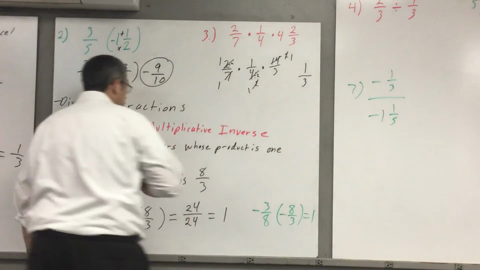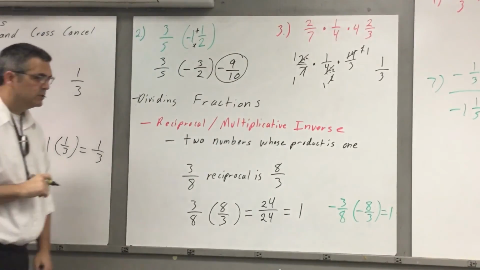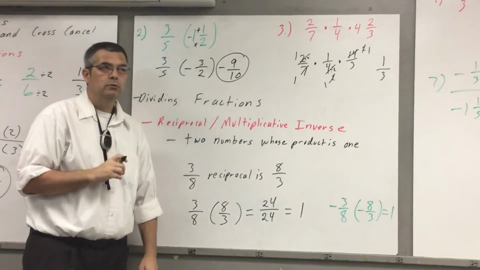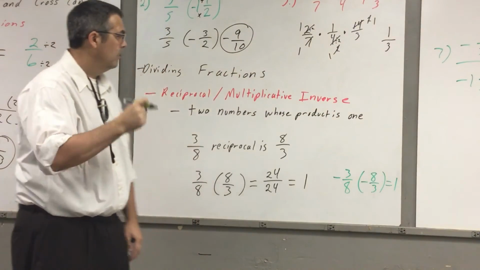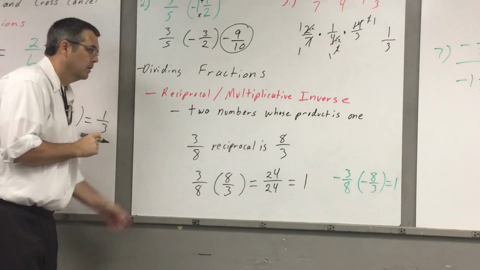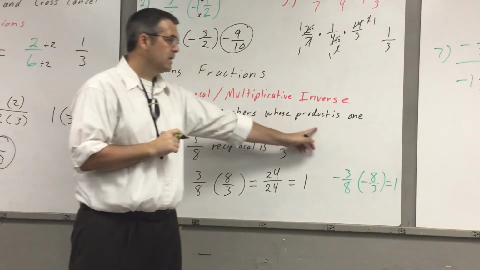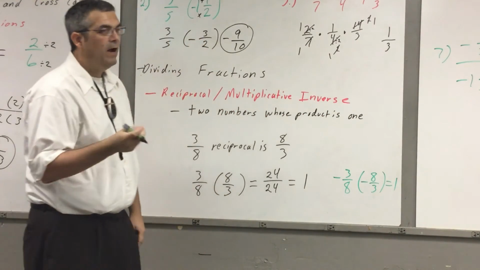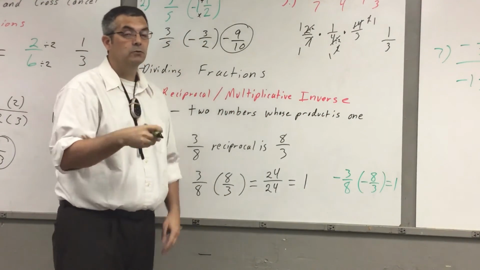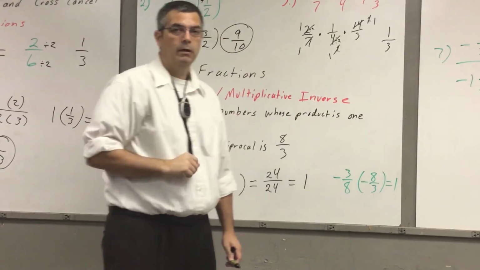All right. Let's talk a little bit about dividing fractions. Dividing fractions, we're going to use the thing called a reciprocal or a multiplicative inverse. Now, all that is two numbers whose product is 1. So when you multiply two numbers together, you get 1. Well, for a fraction, the multiplicative inverse or the reciprocal is when you take that fraction and you flip it over, okay?